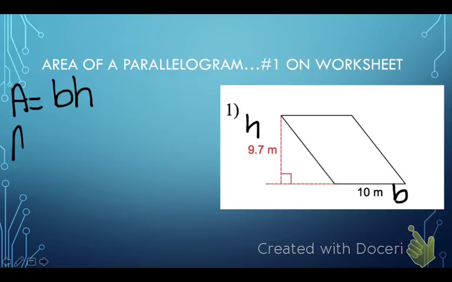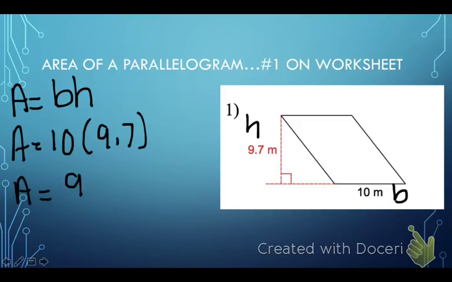So we substitute it in. We get A equals base is 10, height is 9.7. We multiply it out, so A equals 97. And then we need units. M is the units. However, every time we're working with area, we need units squared.